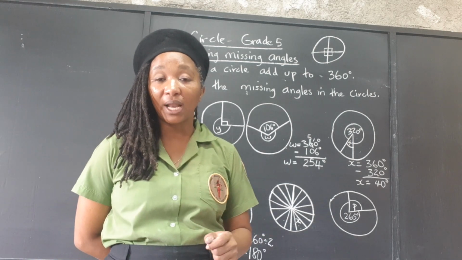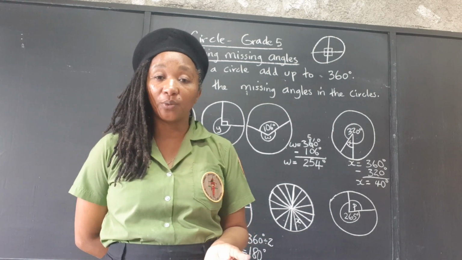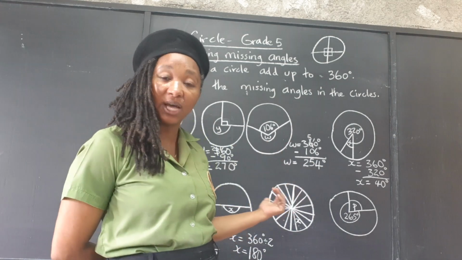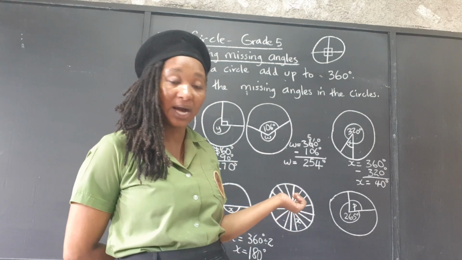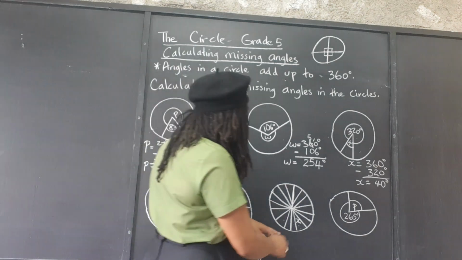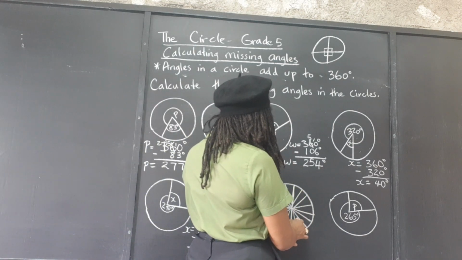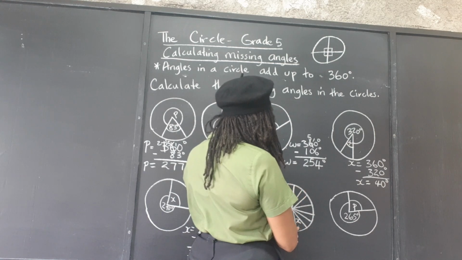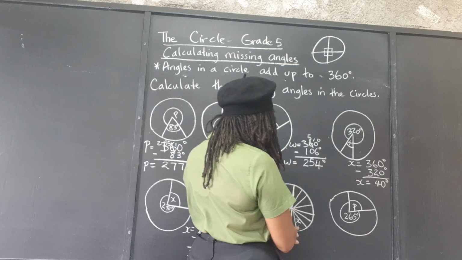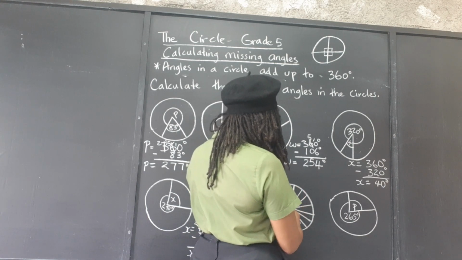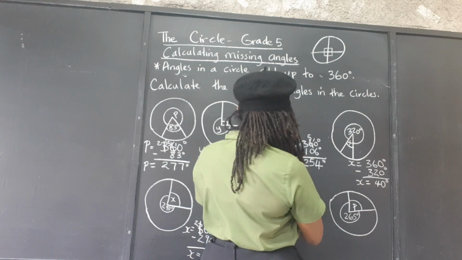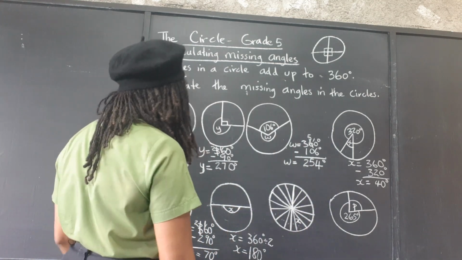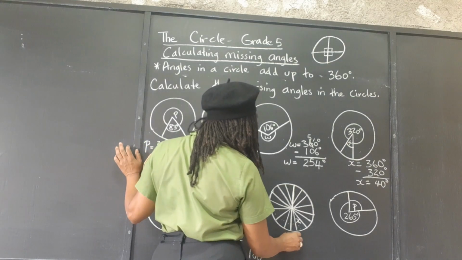Since they are equal angles, we can just divide the full 360 degrees by the number of equal angles. So let's see, starting at x, that's 1, 2, 3, 4, 5, 6, 7, 8, 9, 10, 11, 12, 13, 14, 15, 16. 16 equal angles.